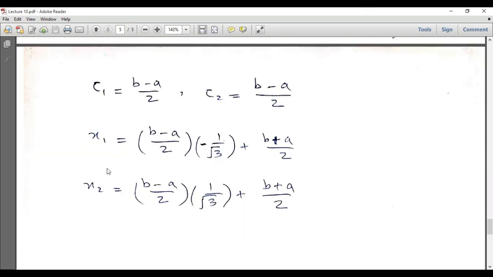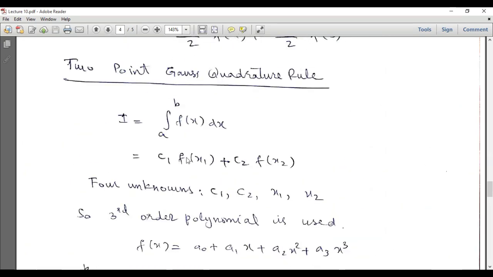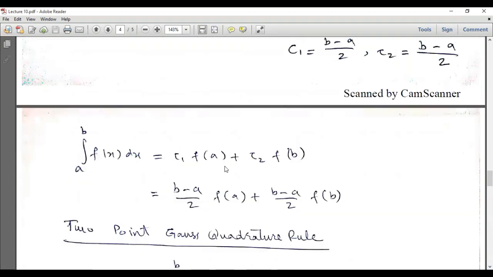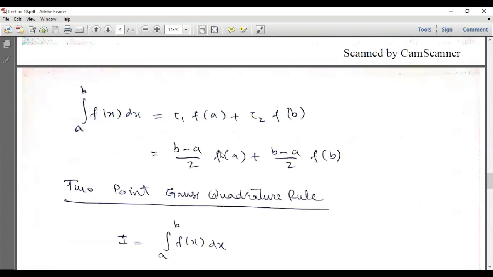After evaluating these four unknowns, we can use these values in the expression c1 f(x1) plus c2 f(x2). So this integration can be evaluated quite easily by this numerical method, which is called the two-point Gauss quadrature rule. This method will give a more accurate result, while the earlier method will also give a good result, but its accuracy will be smaller.